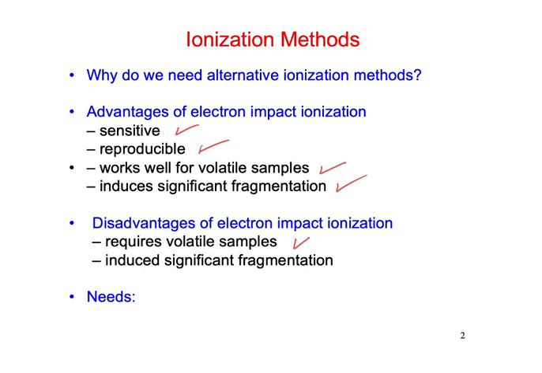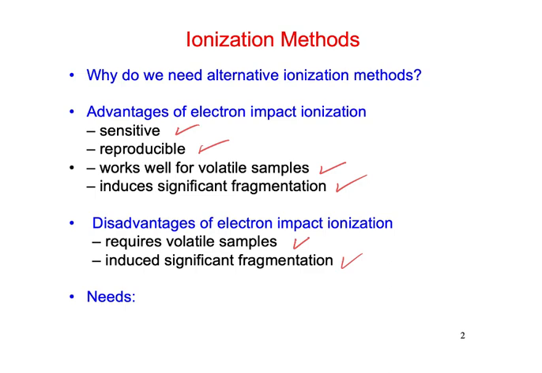The other potential disadvantage is that it induces significant fragmentation. And we've seen some examples already where we may have a sample that when we analyze it by EI, we don't see the molecular ion, right? And that's going to give us a much bigger challenge if we don't know where to start when we're trying to analyze our sample. And really, in practice, one of the main things we want to find is the molecular ion, and therefore, hopefully, information about the molecular formula.